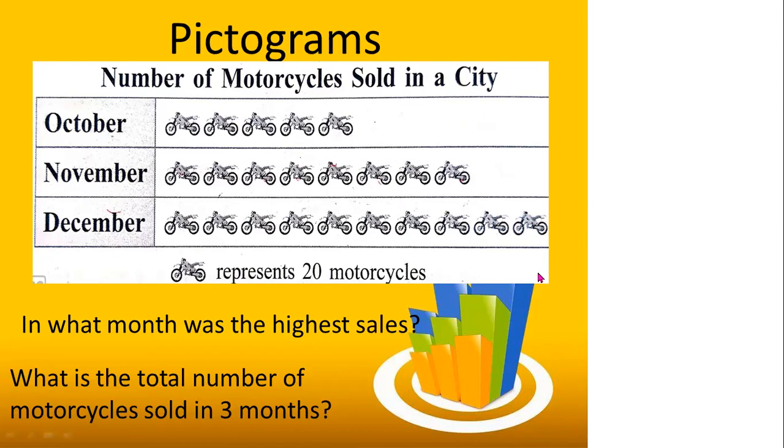All right. October is 100. November is 160. And December is how many? 200. All right. So December is 200. So that is, what's the total? 360.